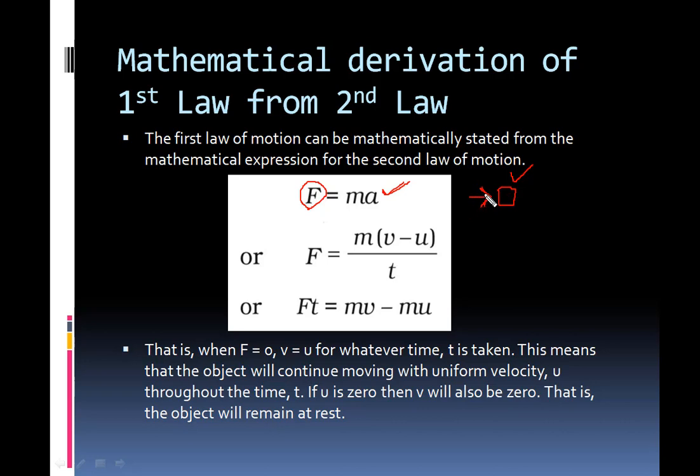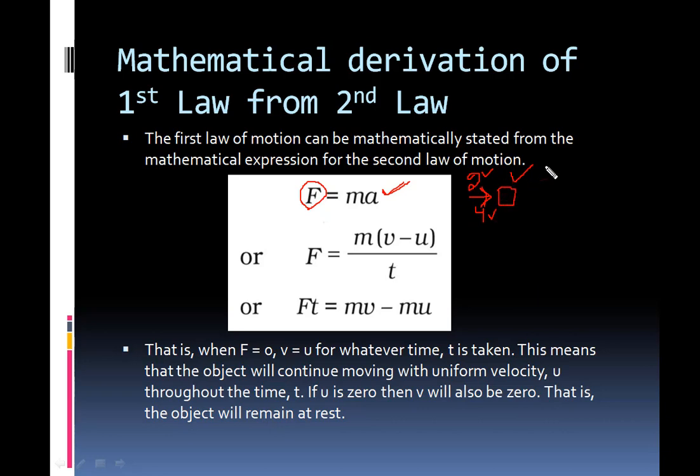Suppose 2 Newton force is applied and the body does not change, neither its position nor motion. 4 Newton force is applied, still the body remains in its same position and motion. Then both the 2 Newton force and 4 Newton force are known as balanced forces, because for both the forces the body still remains in its original position.